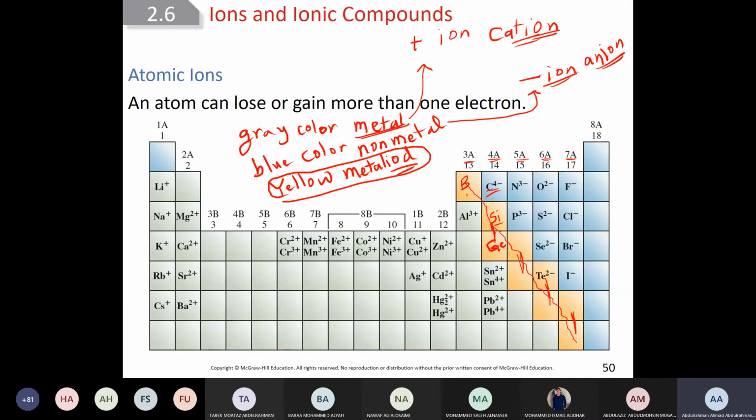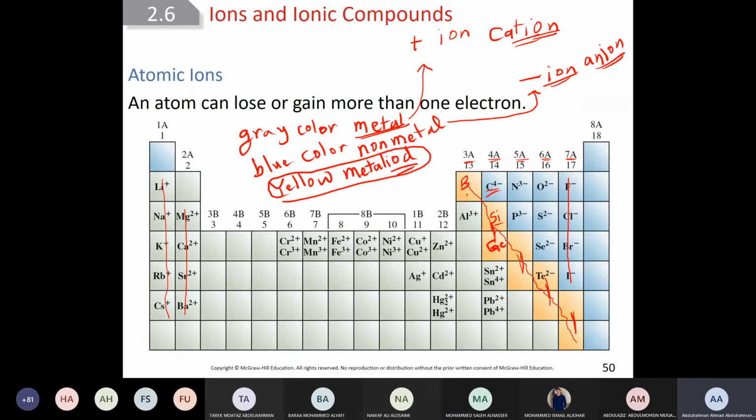Now, I want to decide what the charges are in these elements. What's the charge in the first column? Positive 1. What's the charge on the second column? Positive 2. That's true. Very good. From the other side, we have anions. What's the charge on this group? -1, the halogens.